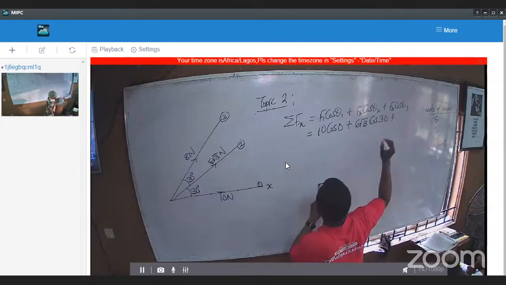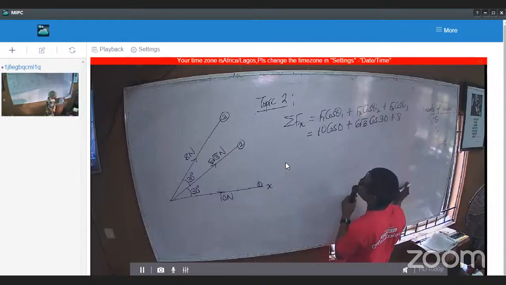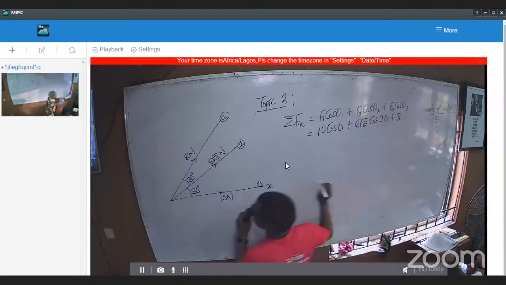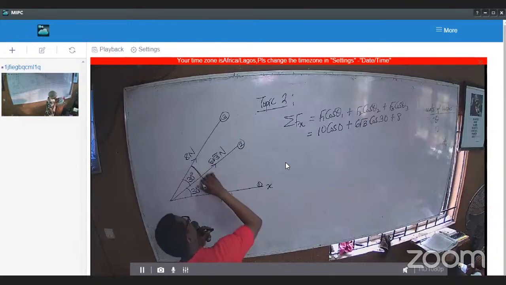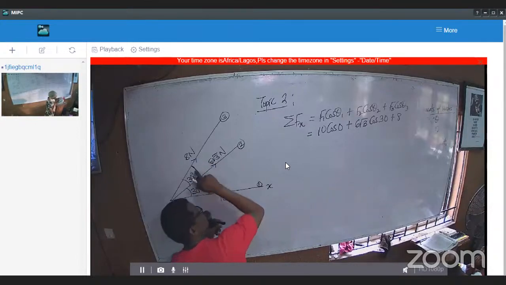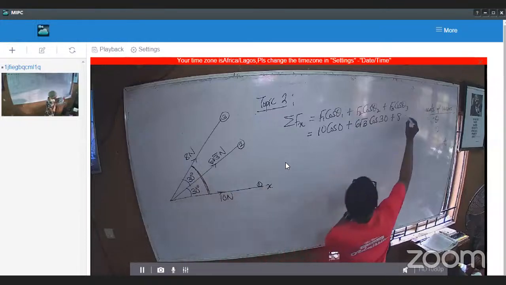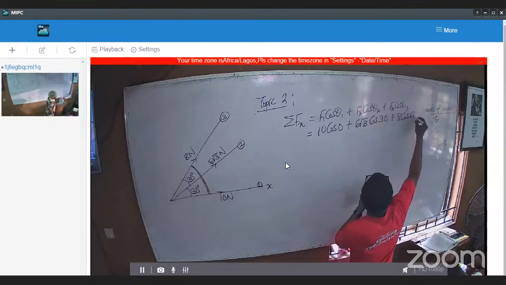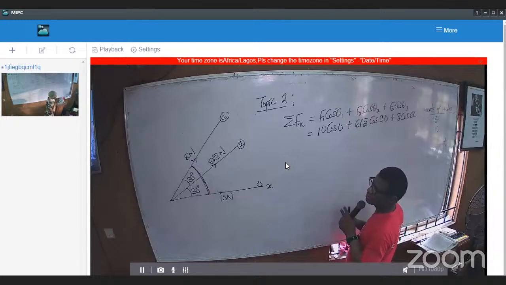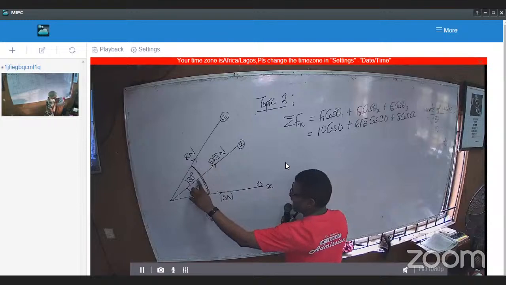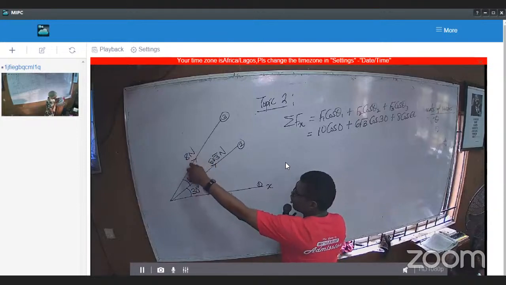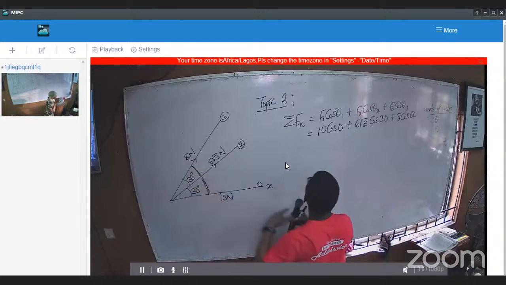What's the next force? 8. How much angle does that one make with the horizontal? 60. Don't say 30. From here to the x-axis, 30 plus 30 is 60. So 8 cos 60. This one is 10 cos 0, this one 6√3 cos 30, then the next one 8 cos 60.